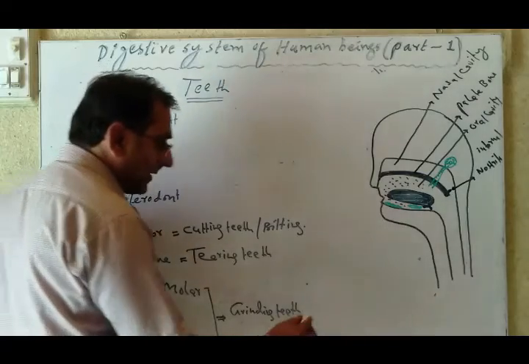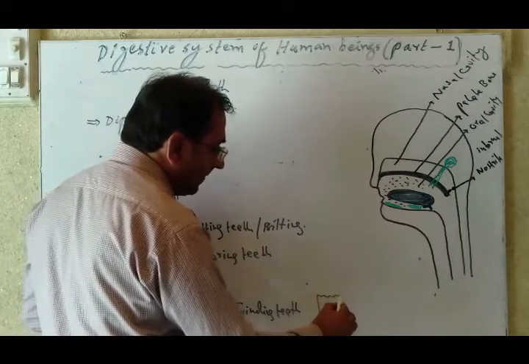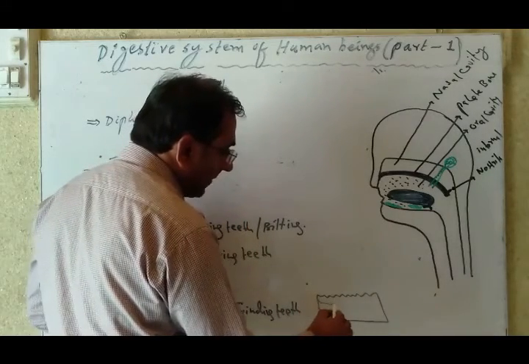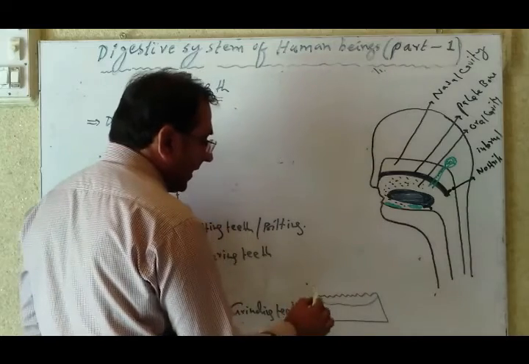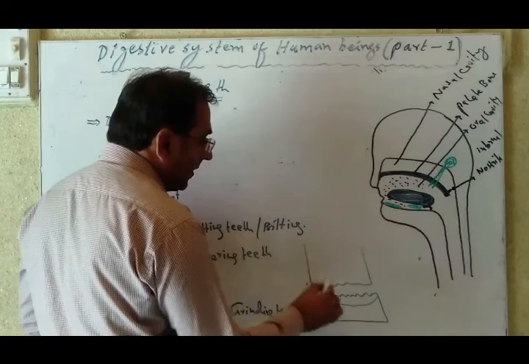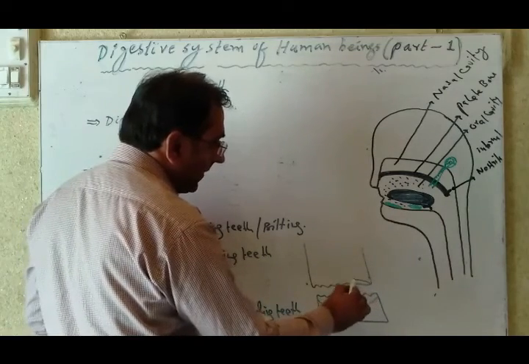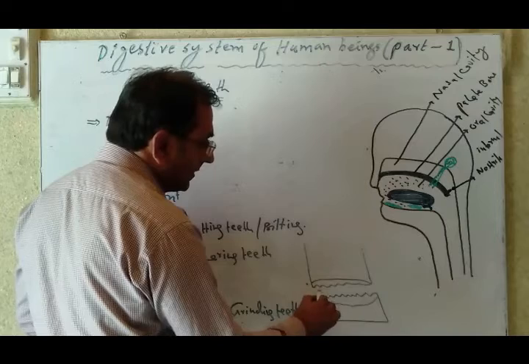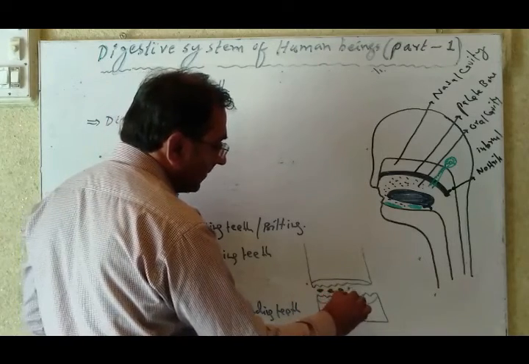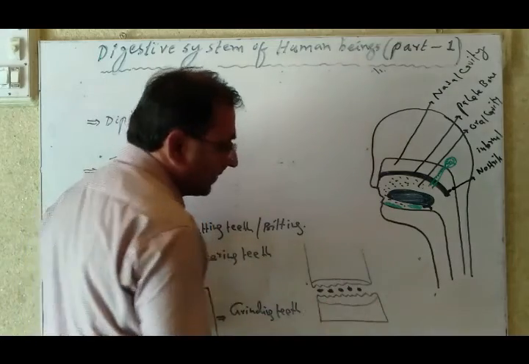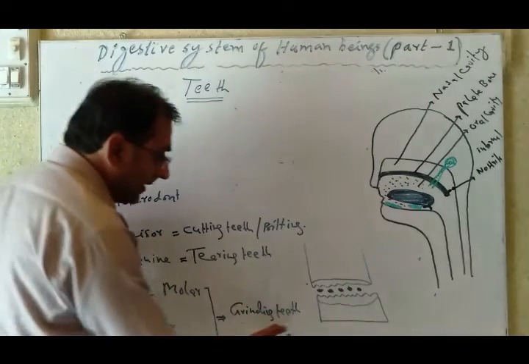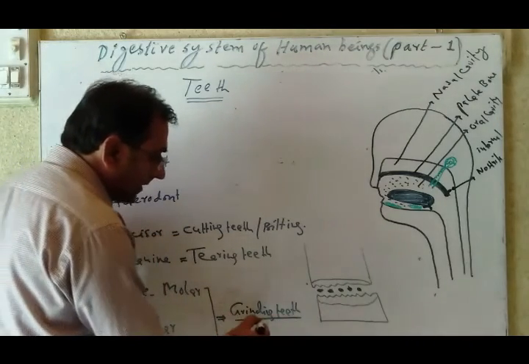These grinding teeth have a large surface area and cusp. Due to the large surface area and cusp, they break the food substances into small pieces, therefore known as the grinding teeth.